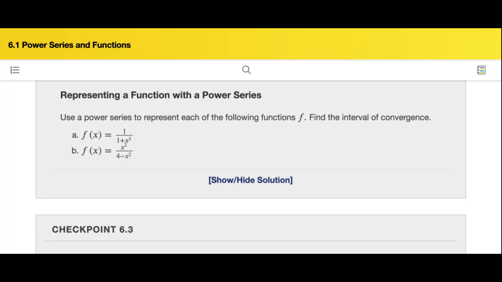Because we have 1 over 1 minus x cubed. And also the first term in the series is 1.